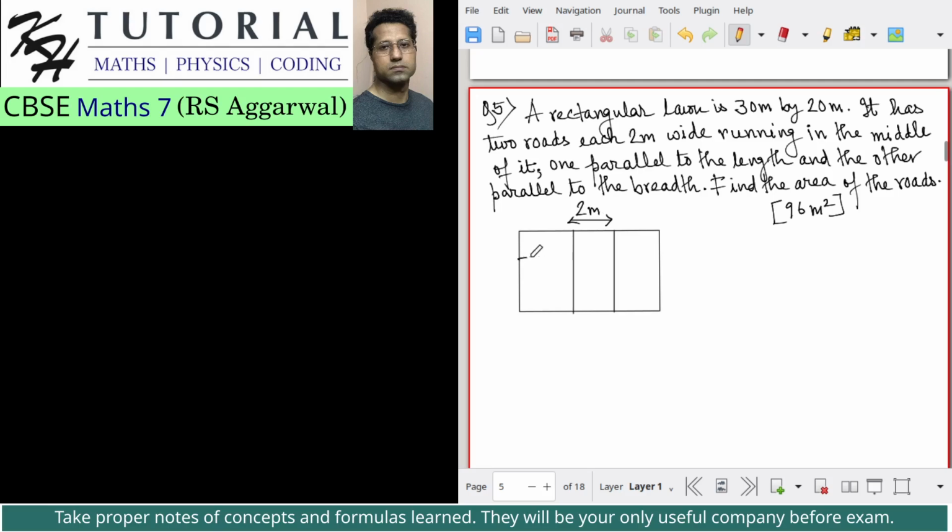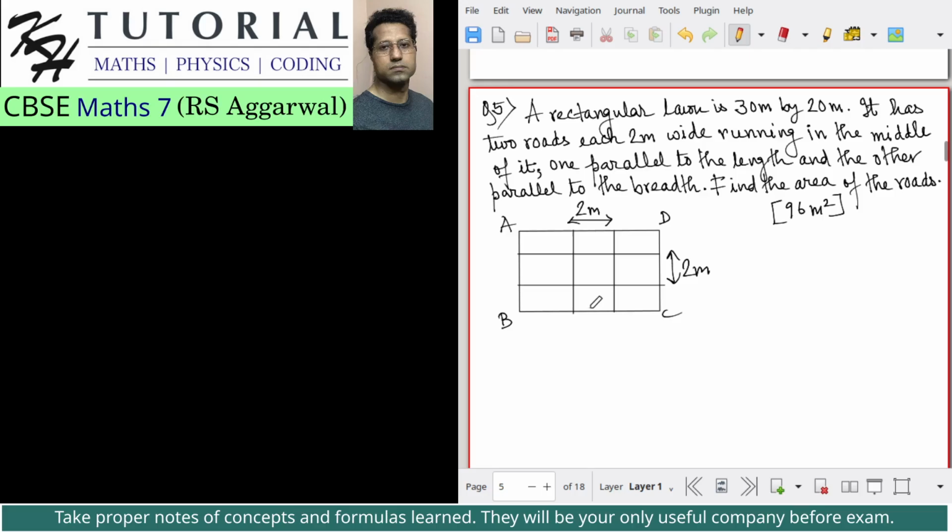And let's say this be the road 2 meter wide, which is running parallel to the length. Okay, so let's give some names to the rectangles of the roads. Let's say the rectangular lawn is ABCD.